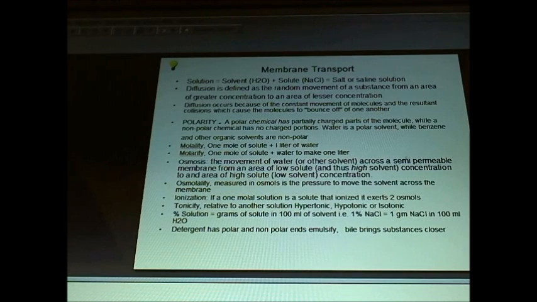Don't make it any harder than it is. That's a 5% solution. Normal saline is a 0.9% sodium chloride.